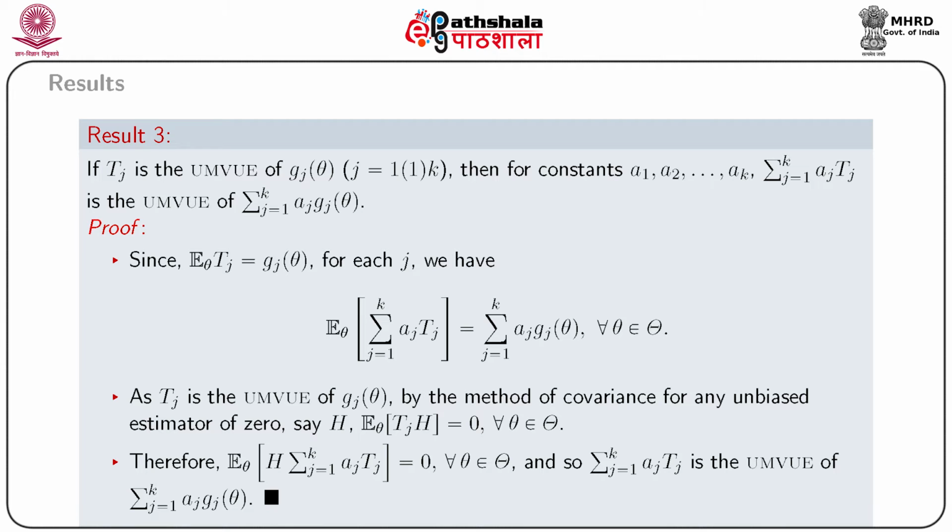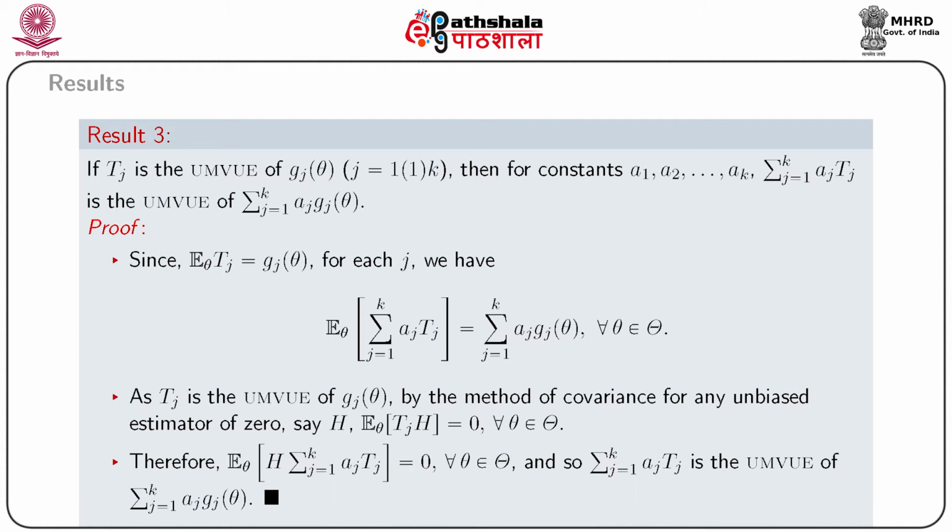To prove the result, note that expectation of T_i equals g_i theta for all i. Hence, expectation of summation over i from 1 to k a_i T_i equals summation over i from 1 to k a_i g_i theta for all theta. Hence, summation a_i T_i is an unbiased estimator of summation a_i g_i theta.